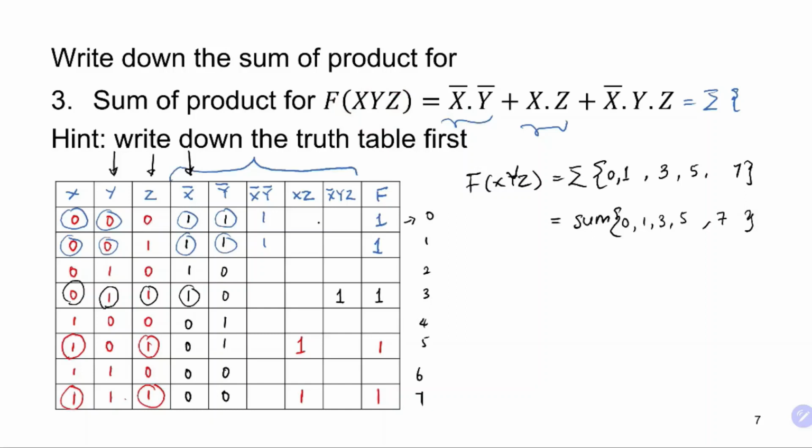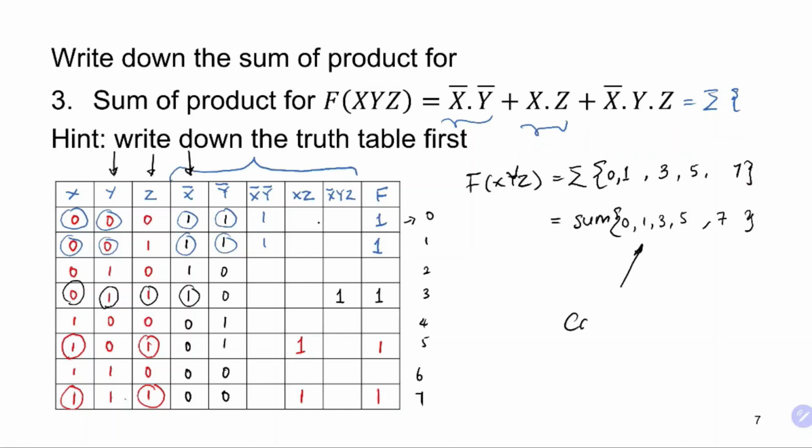A question could ask, let's say, given these functions, to convert it into a canonical form. A canonical form means that it will be in this sum of products, and that will be in a canonical form.